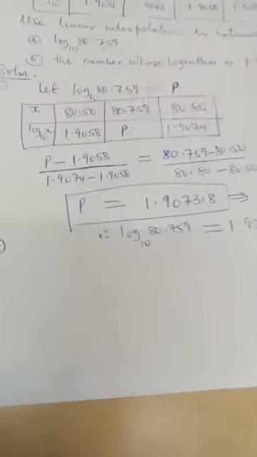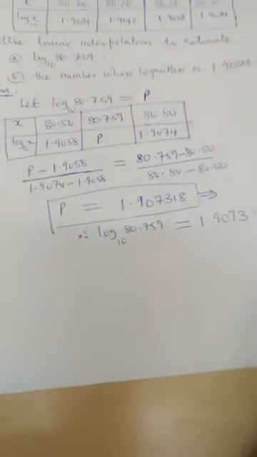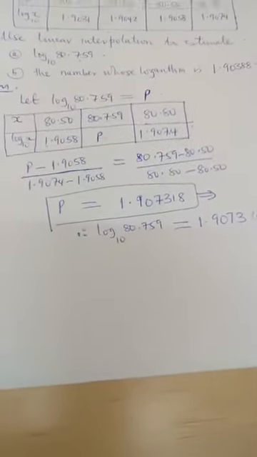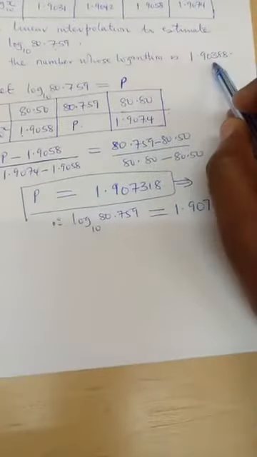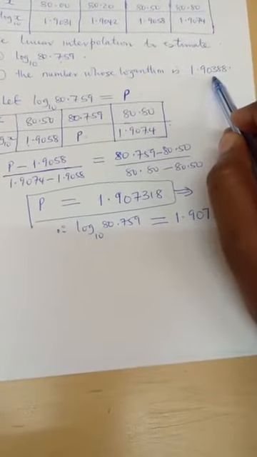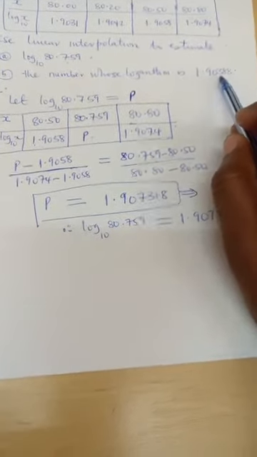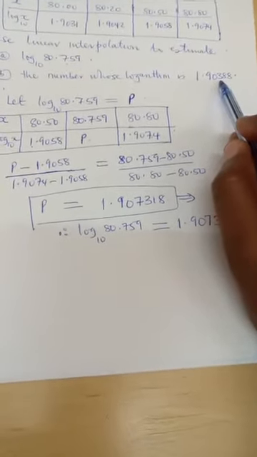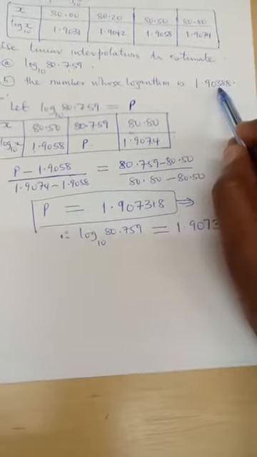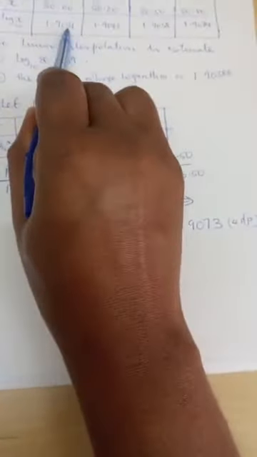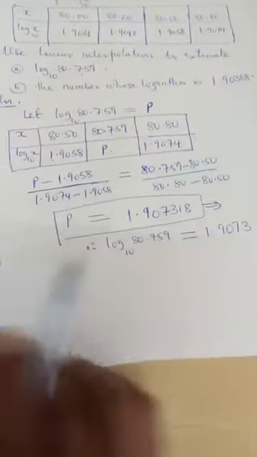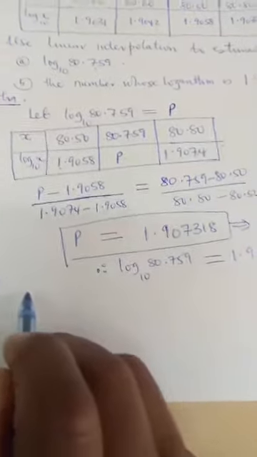As we proceed to part B, they want us to find the reverse, the number whose log has this value. And we need to know where it lies. 1.9038 lies between 1.903 and 1.904, so this one must lie between these two. And therefore it means it is still an interpolation case.